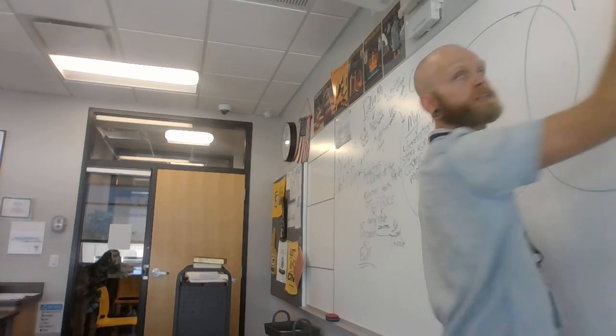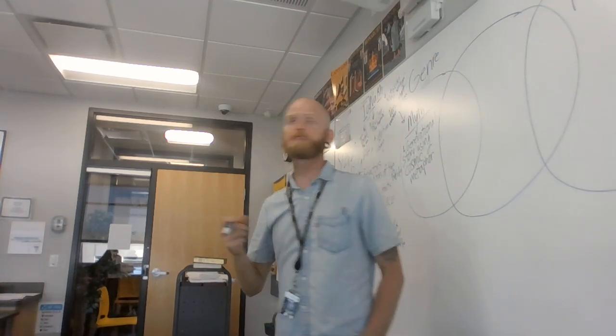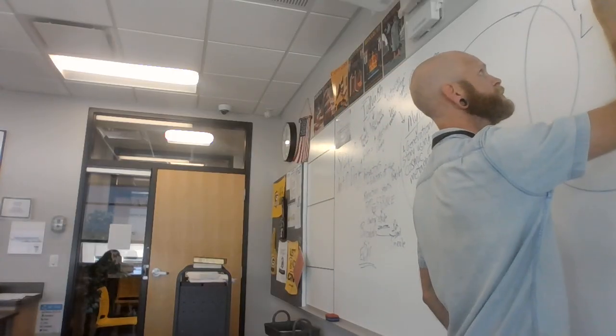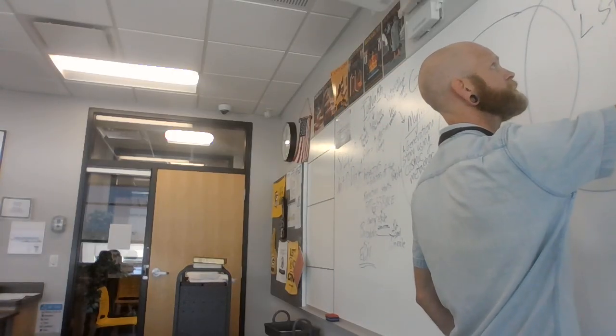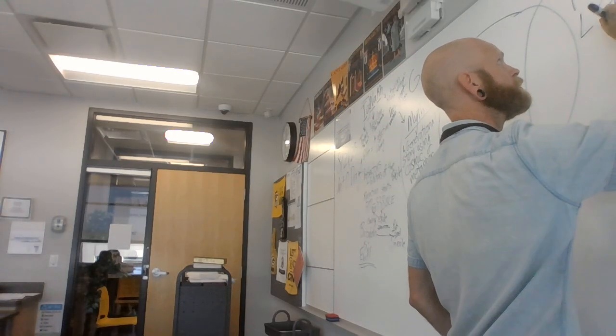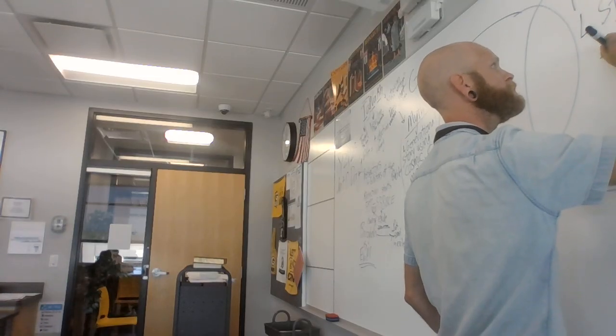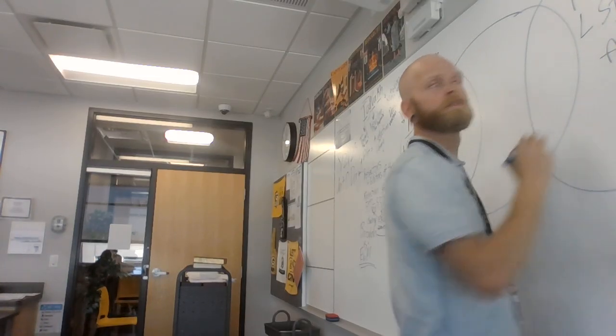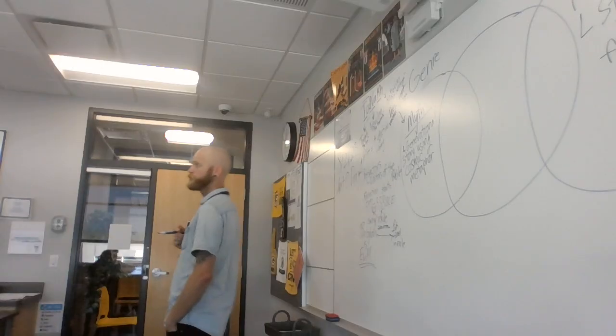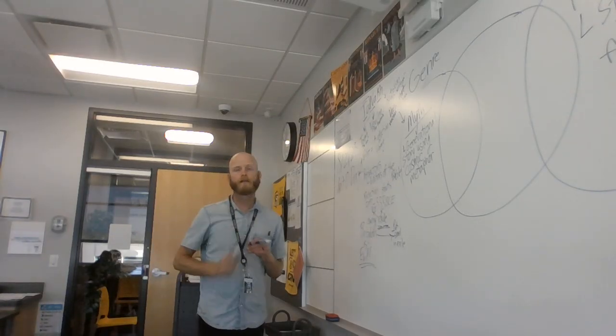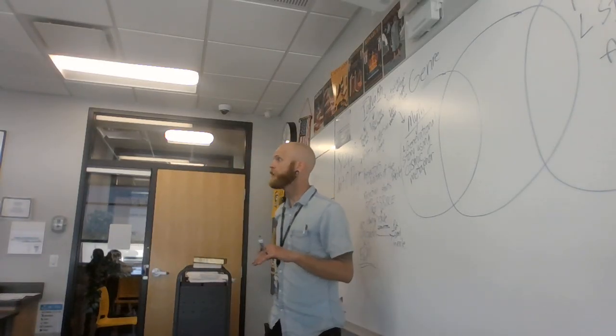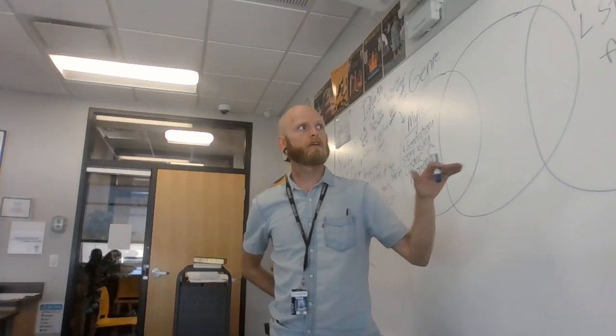History. This one's pretty easy. We know what history is, right? History is straight up facts. Straight up facts, just factual, nothing else. No opinions, nothing, just the information, right?